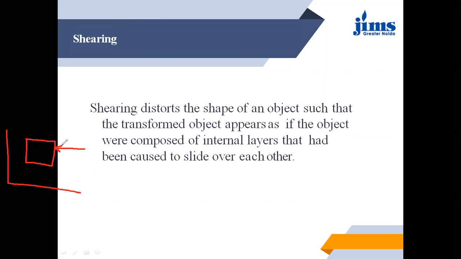What happens in the translation? The position of the object is going to be changed. But what will happen over here? Here the image position will remain same at some point, but the shape is going to be changed. Means you can understand that the base is fixed.